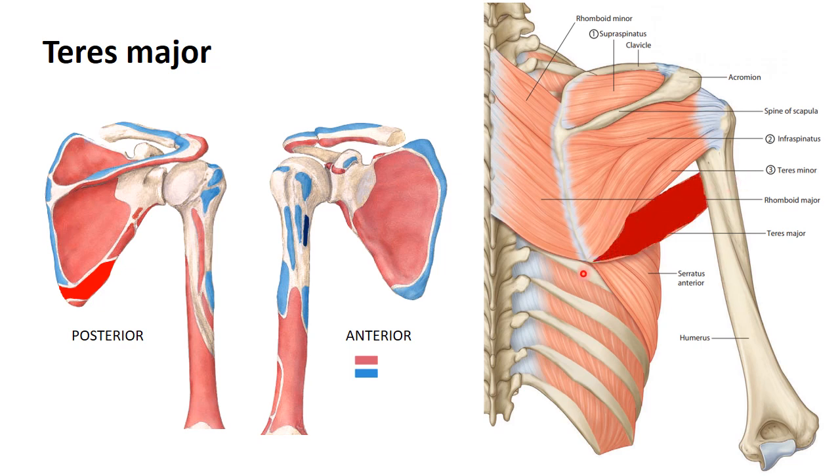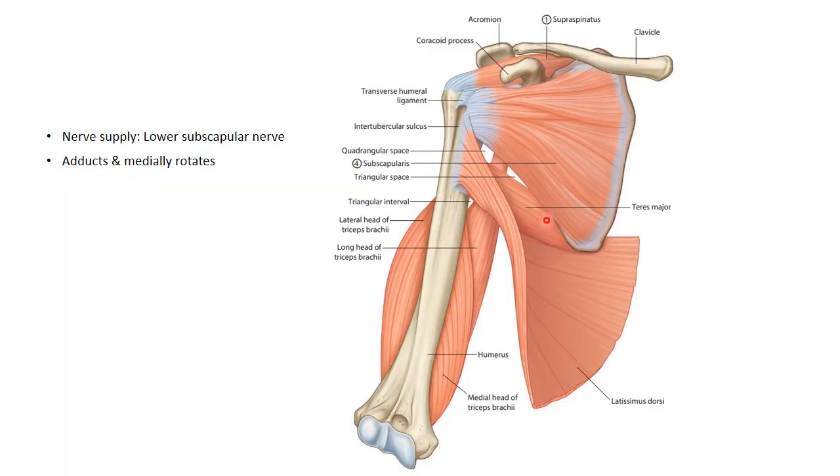This is the teres major muscle, closely related to the latissimus dorsi. And here you can see that latissimus dorsi converges. Remember, latissimus means broad muscle of the back, dorsal.